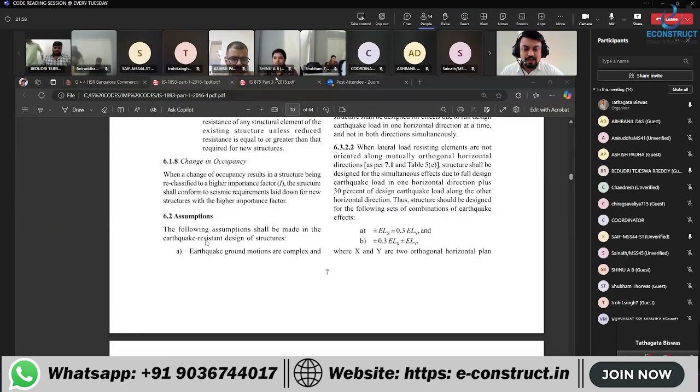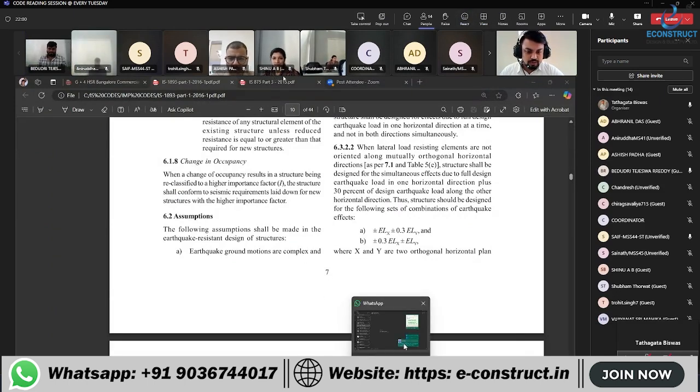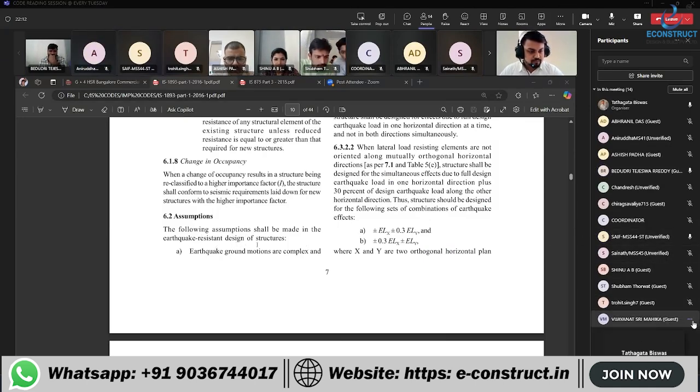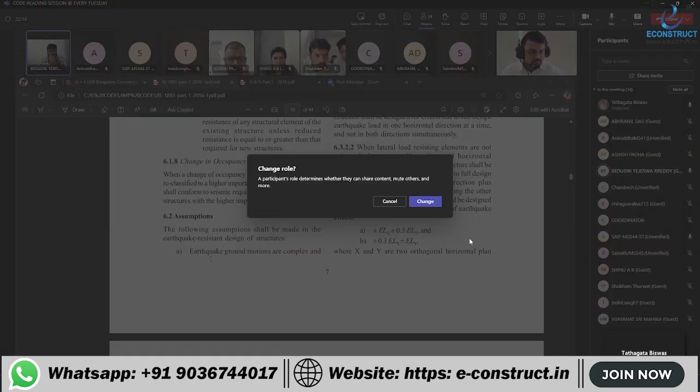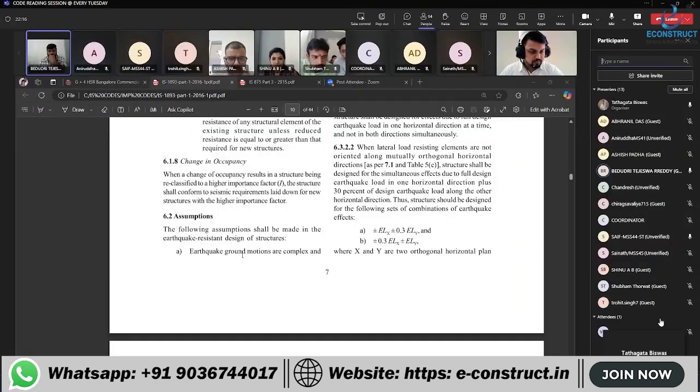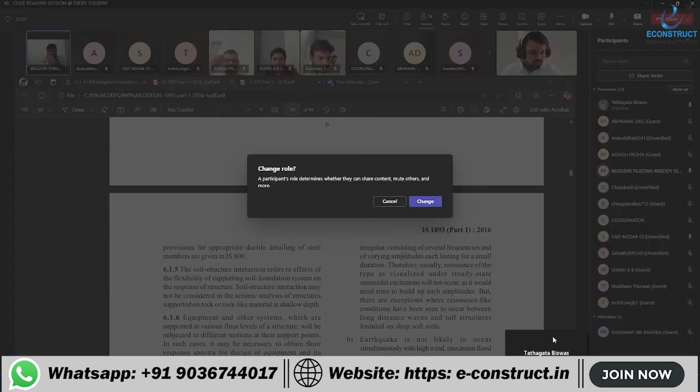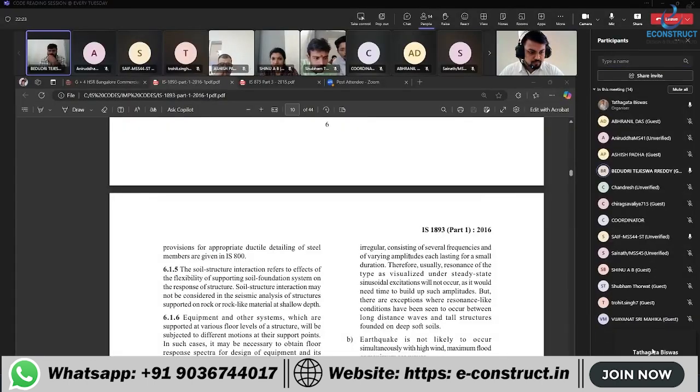Okay, let's start with the assumption portion. The following assumptions shall be made in the earthquake resistant design of structures. Earthquake ground motions are complex and irregular, consisting of several frequencies and of varying amplitudes, each lasting for a small duration.